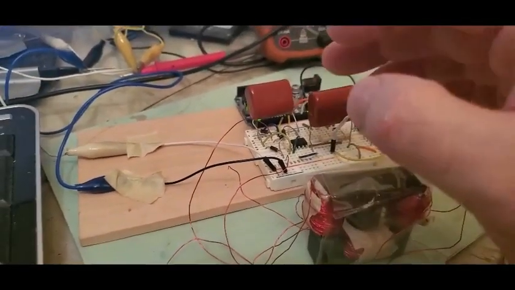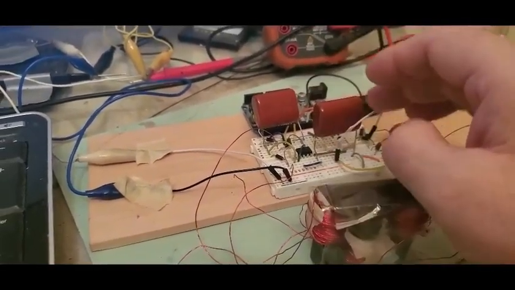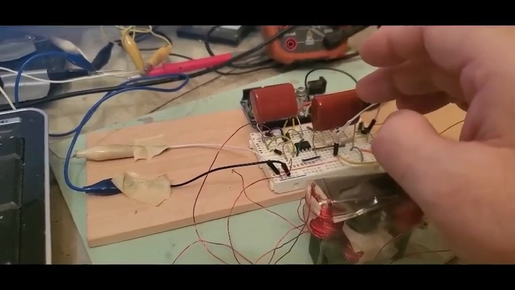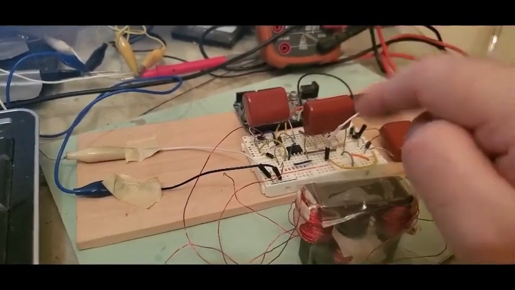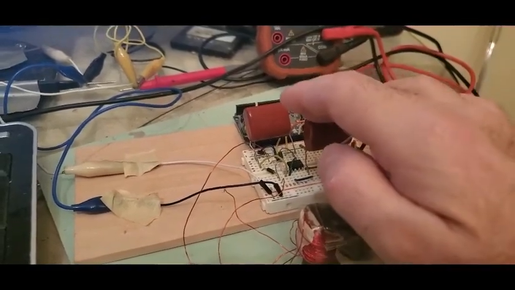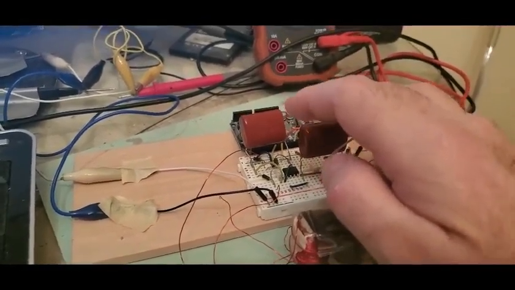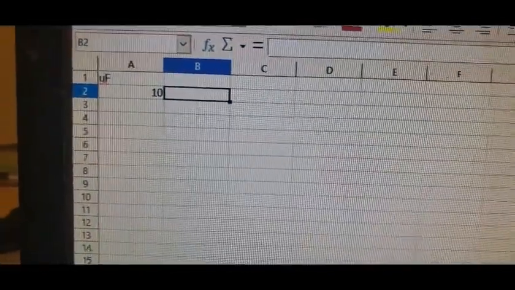So as I was saying, if you have a capacitor of 1 farad at 1 volt, it discharges in 1 second, then you have 1 ampere. You have 1 amp. And this is 10 µF, which is 1/100,000th of a farad.